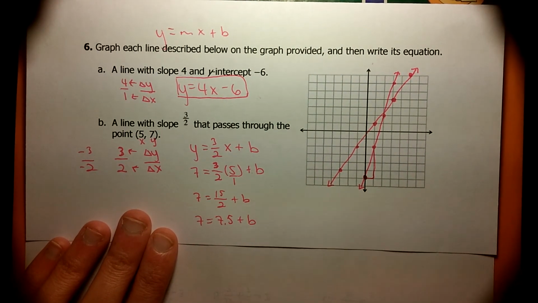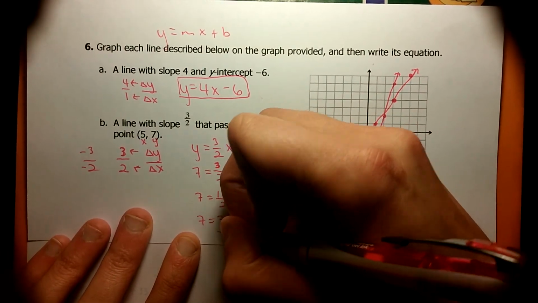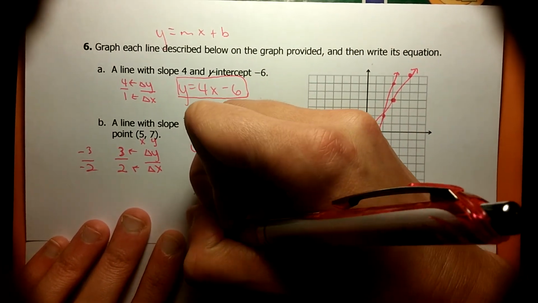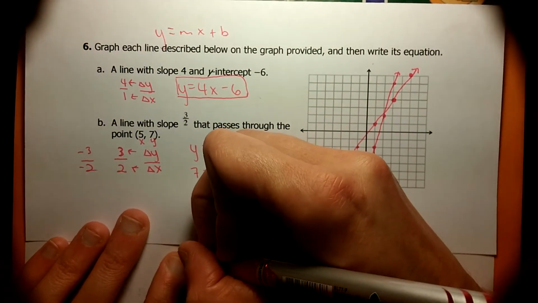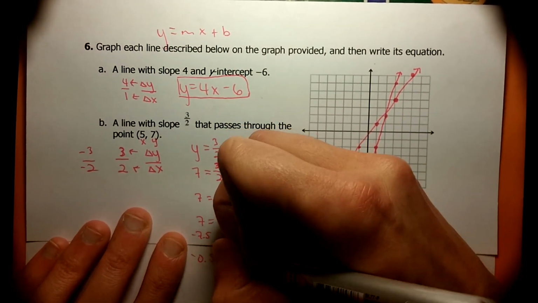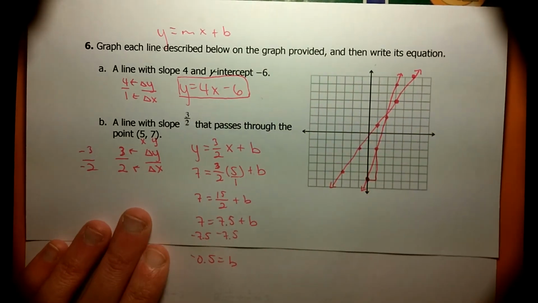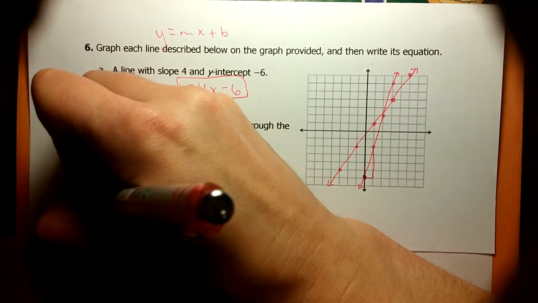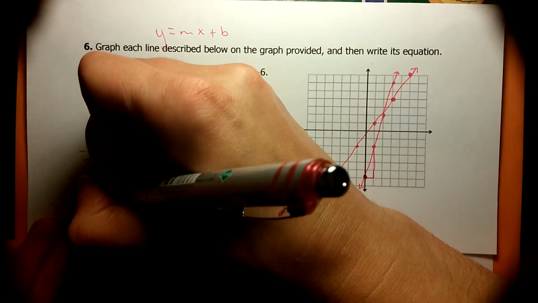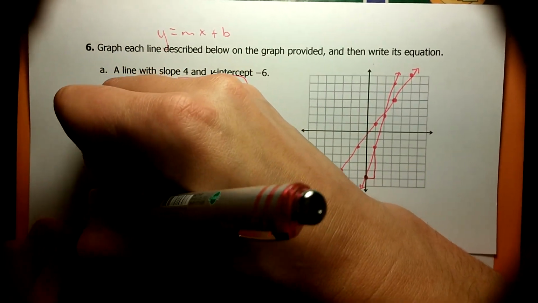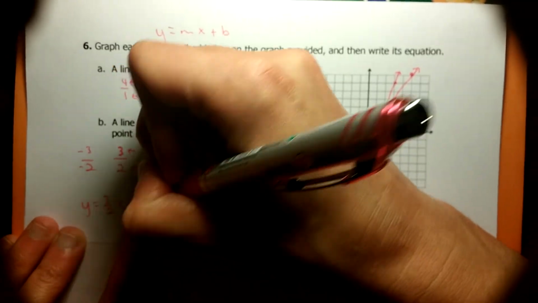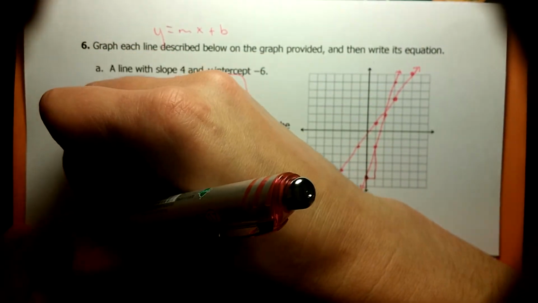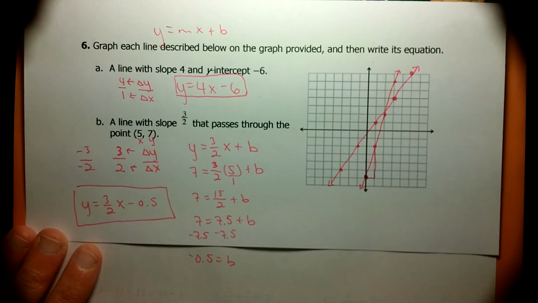Then I'm trying to get b by itself, so I'm going to subtract 7.5 from each side. 7 minus 7.5 is negative 0.5, or negative 1/2. So that's what b must be. To write the equation for this line, I know my slope is 3 over 2, so y equals 3 over 2 x minus 0.5, or I could say minus 1/2. So that's my equation for that line.